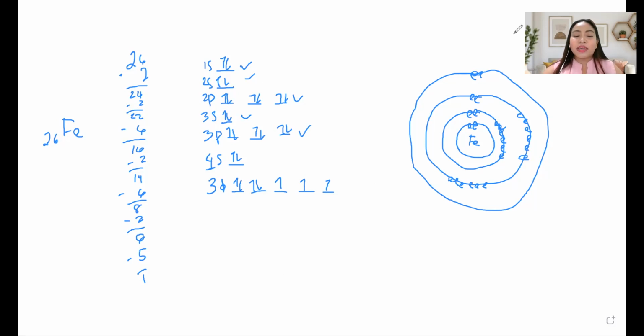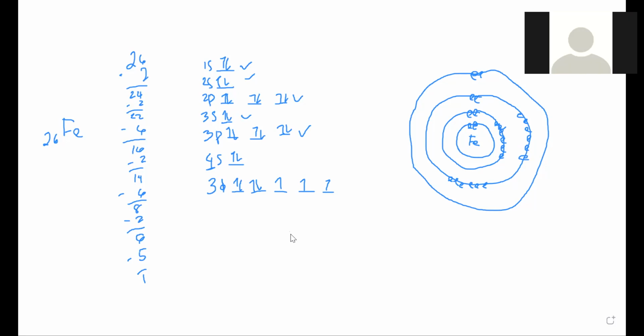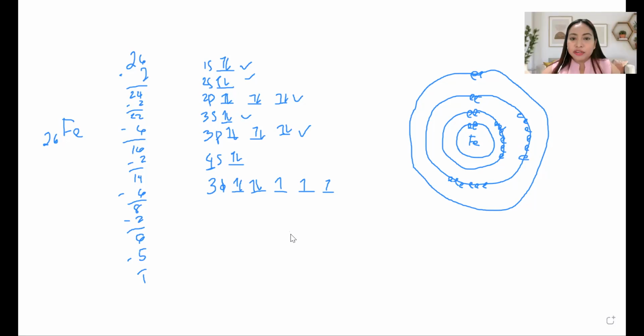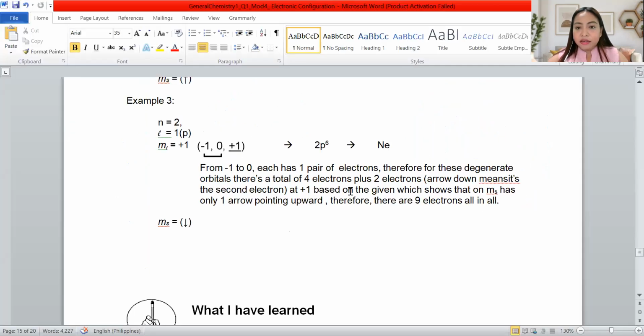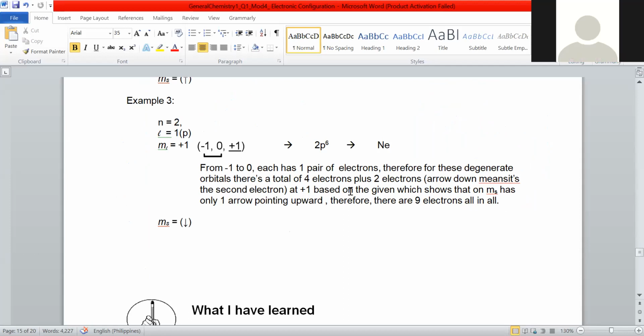If you draw an atomic model, you need the electronic configuration, because how will you determine which electron to place on that particular orbit if you have no electronic configuration? Include it when writing on paper.